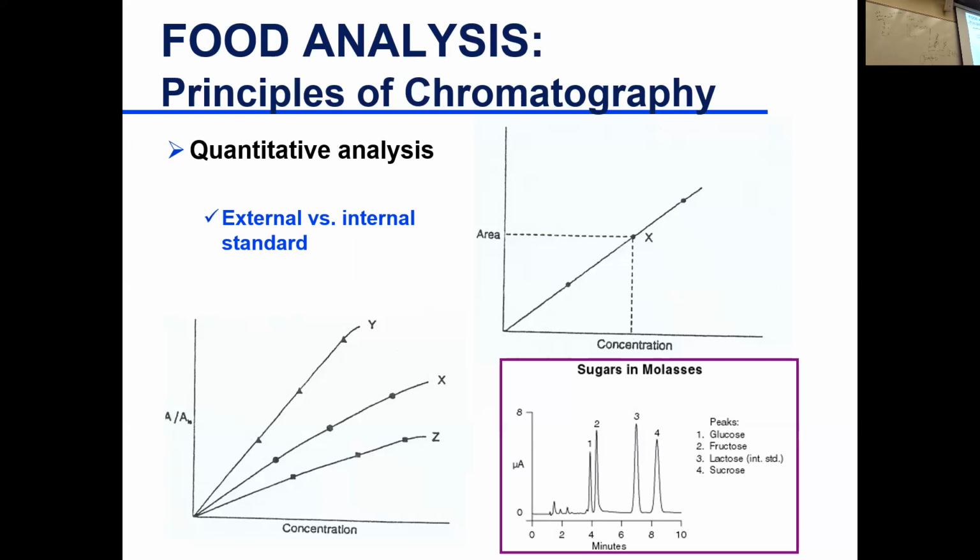Let me just say that your Y is the area of your sample divided by the area of the internal standard. You're trying to find the concentration in your sample. You run the chromatogram, you get the area.